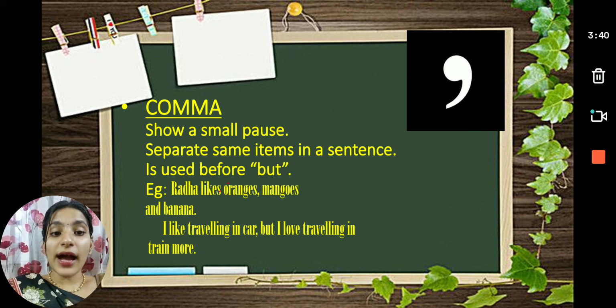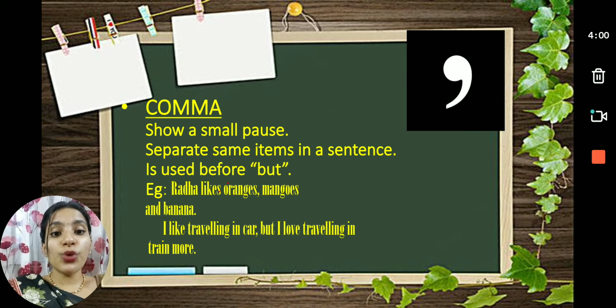It separates same items in a sentence. So what do they mean? For example, Radha likes oranges, mangoes and bananas. Oranges, mangoes and bananas, what are they, students? Yes, they are fruits. So they are the same items.